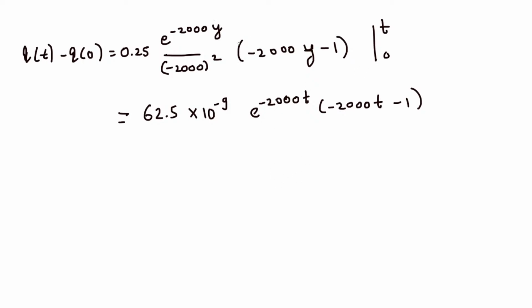When we apply 0 for the y's, this is going to be e power 0, which is 1, but this one remains. So if you divide 0.25 by this one square, we will still get the 62.5.